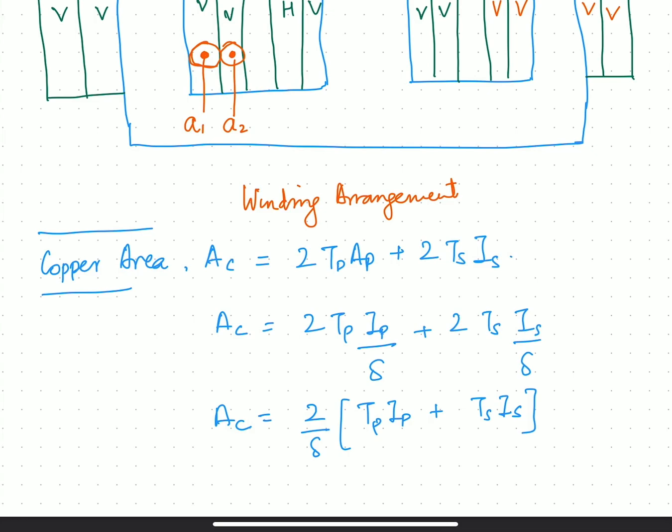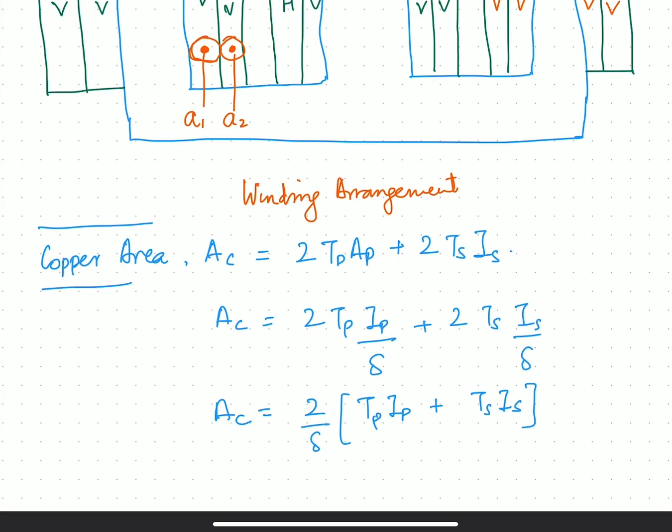So if you substitute the AT, the ampere-turns, for the currents, you can see that the copper area comes out to be 4 AT upon delta.